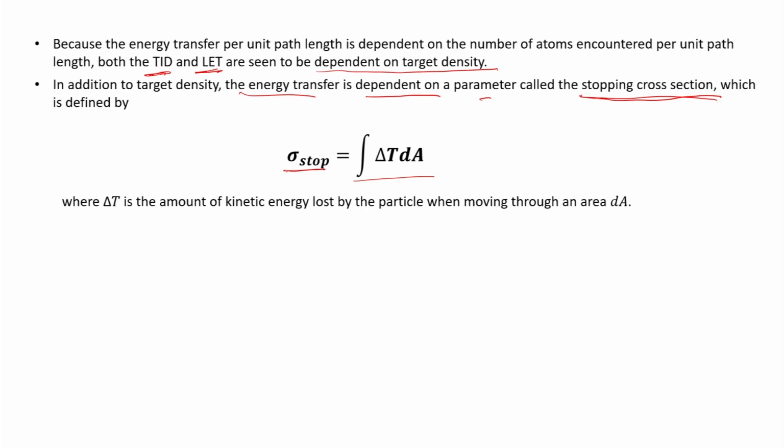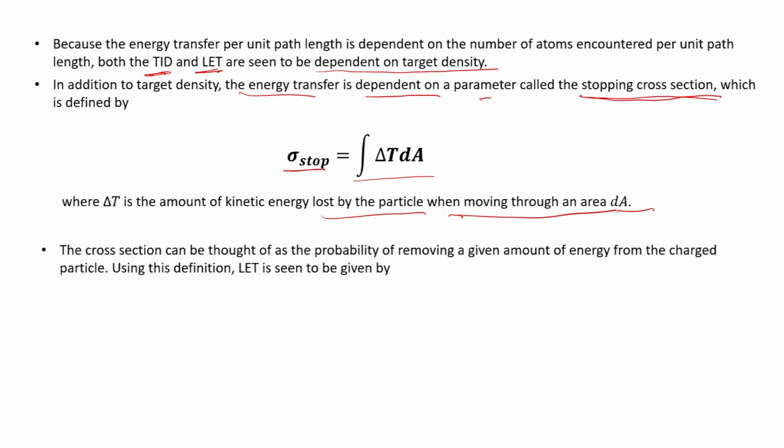So, delta T is the amount of kinetic energy lost by the particle when moving through an area dA of the target material. The cross section can be thought of as the probability of removing a given amount of energy from the charged particle.